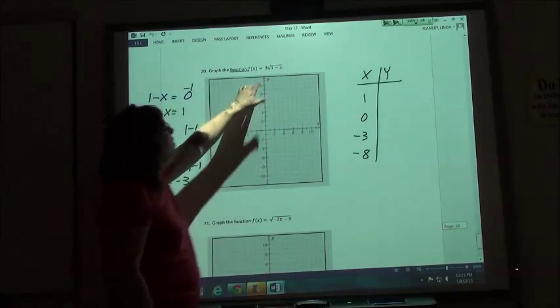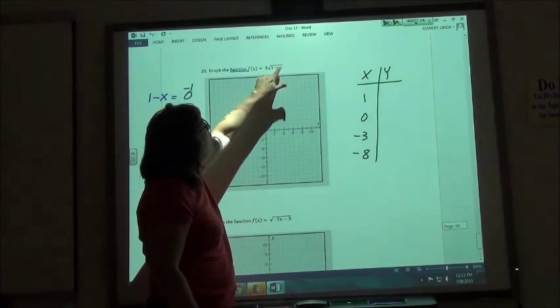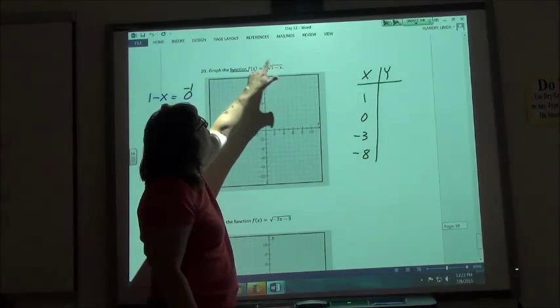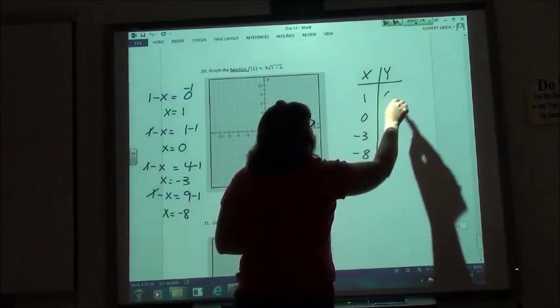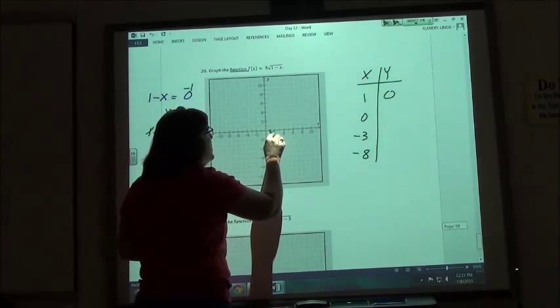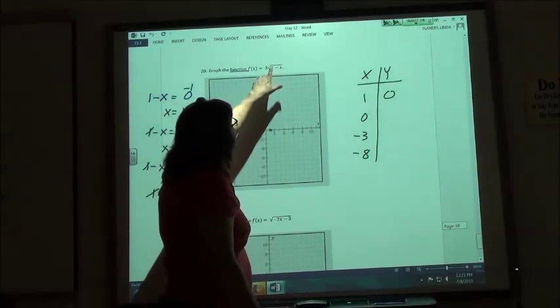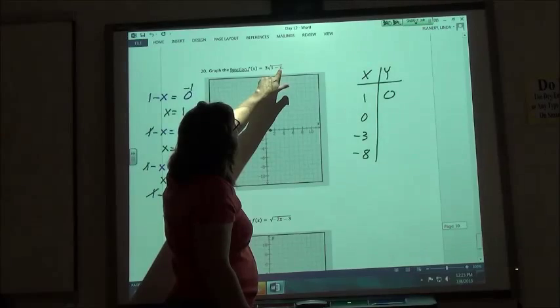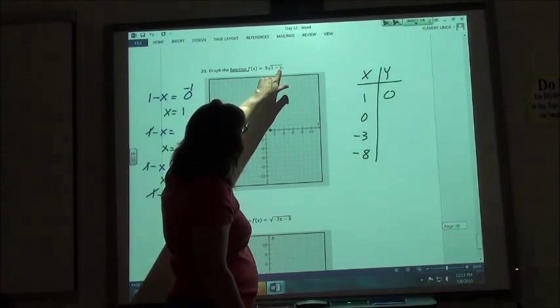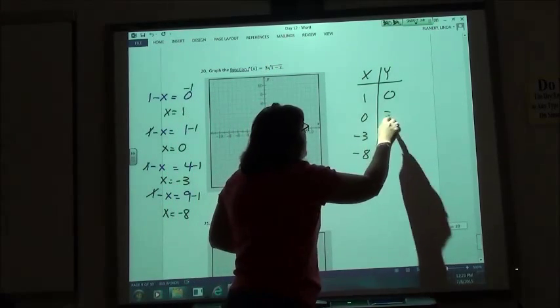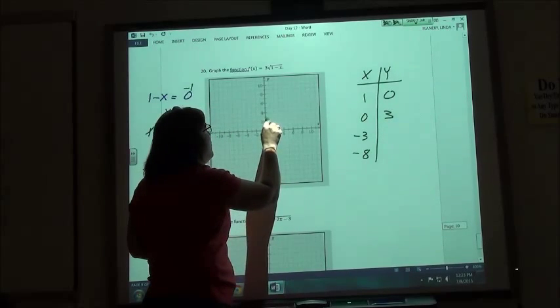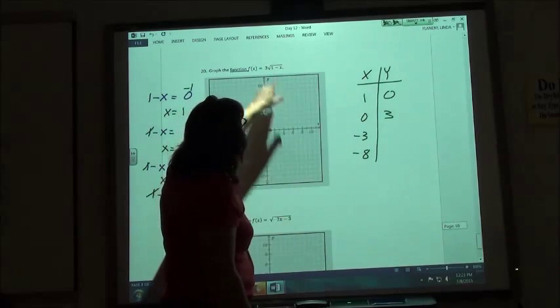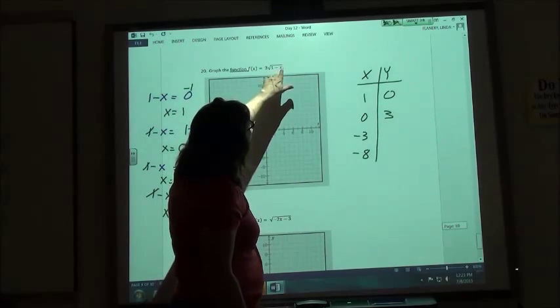So 1 minus 1 is 0, square root of 0 is 0, and 0 times 3 is still 0. So 1, 0. Putting a 0 in there. 1 minus 0 is 1, square root of 1 is 1, 1 times 3 is 3. So 0, 3 is on my graph. 1 minus a -3.